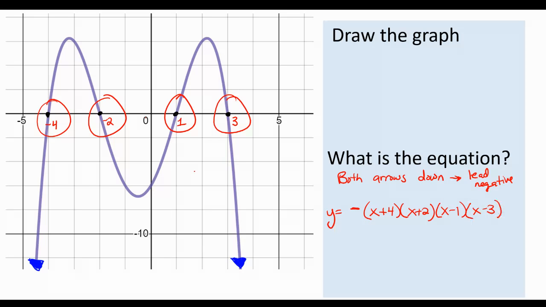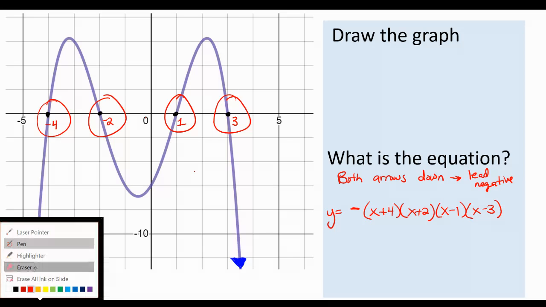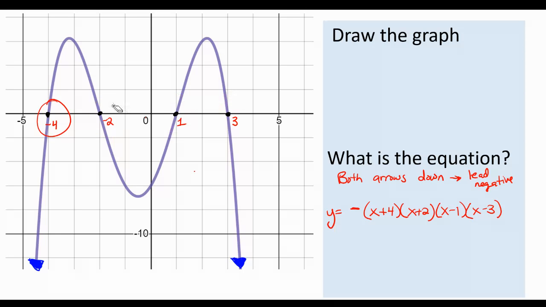And there's no double roots this time, like we had on the last example. You can tell that because the graph, the purple part, keeps going right through. It doesn't bounce. It just keeps going right through. So those are single roots. So make sure you have the lead negative. Hit pause if you need a minute.